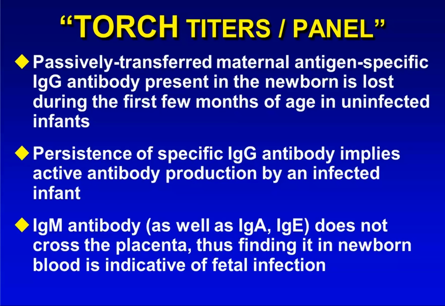And if the IgG antibodies persisted to that agent for months thereafter, then that baby was considered to be infected. And as we know, IgM antibody is a large antibody and does not cross the placenta, neither does IgA or IgE. So the presence of it in the newborn was indicative of fetal infection.